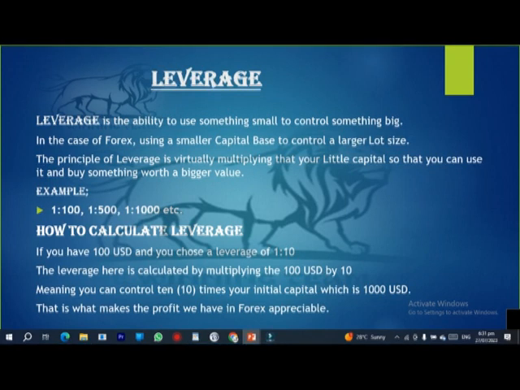If you are given a leverage of 1:10 and you have equity of 100 USD, you are going to multiply that 10 with your equity, and that will give you 1,000. So meaning you are trading 1,000 USD, but it won't show.